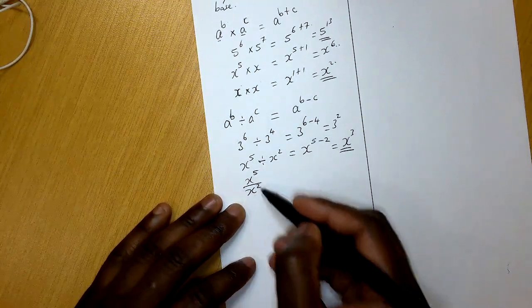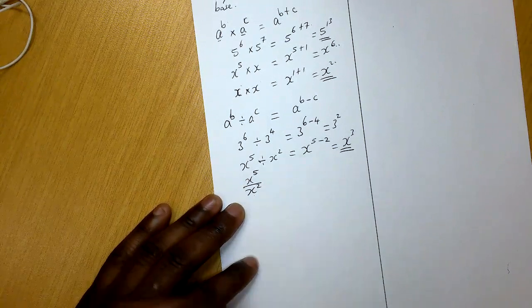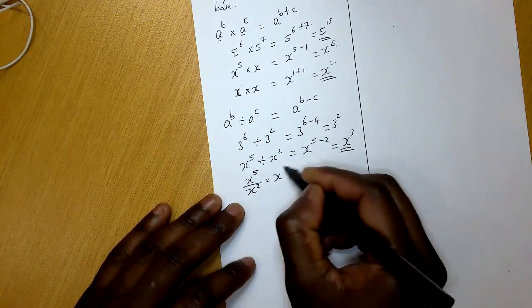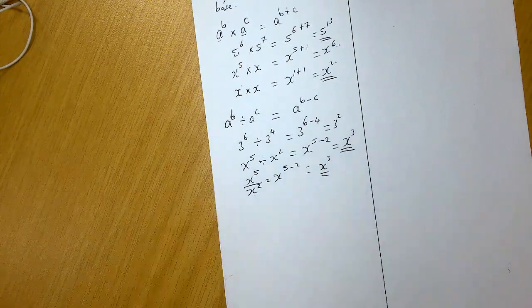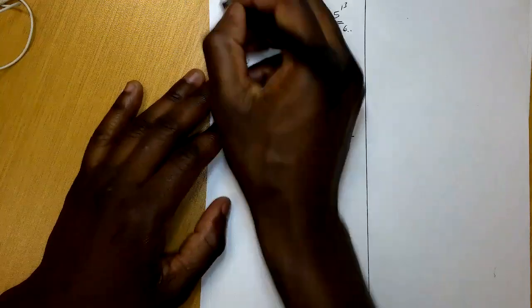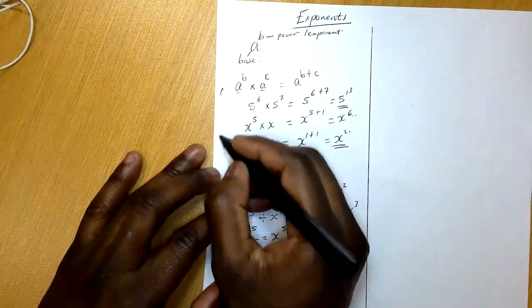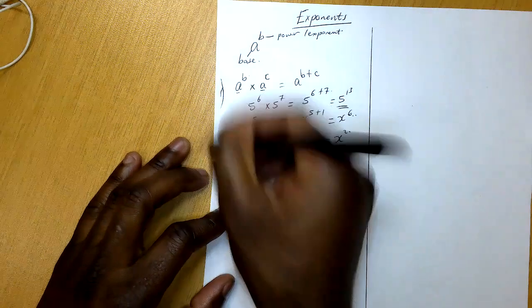You know that I'm just subtracting my powers there. It's not a big issue. 5 minus 2 is equal to x to the power of 3. So that's number 2, and we put 1 here. Now, let's move on to the third one.